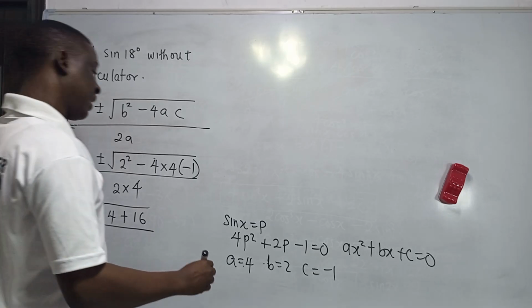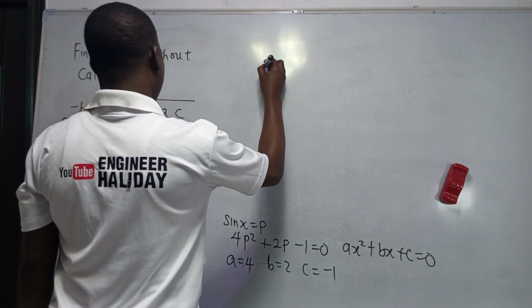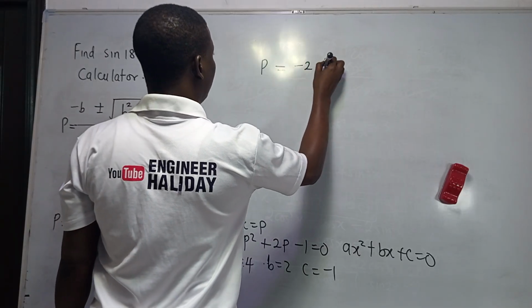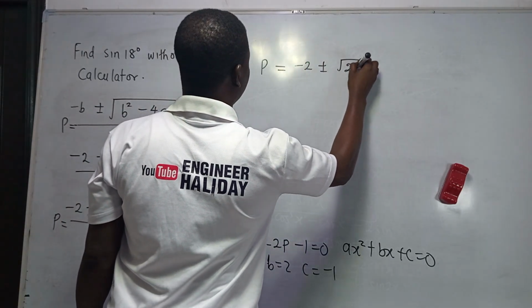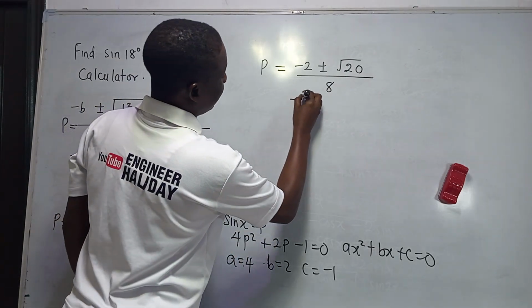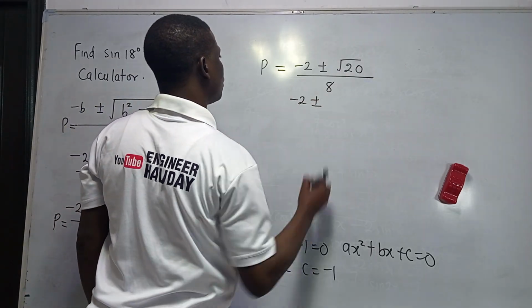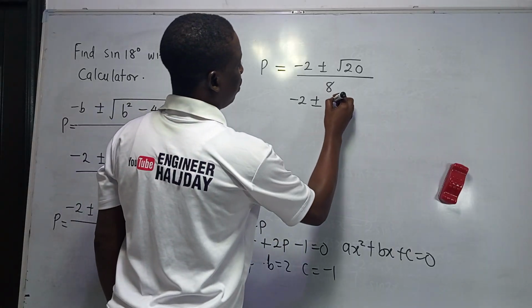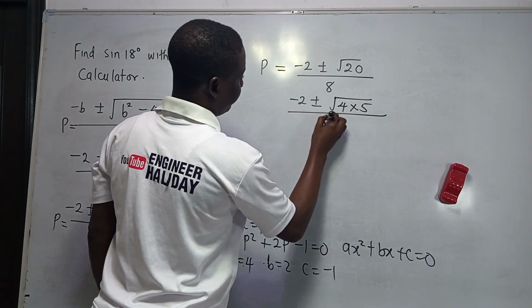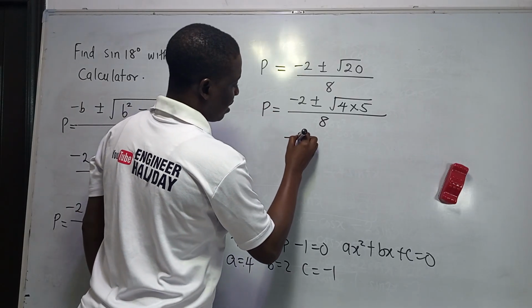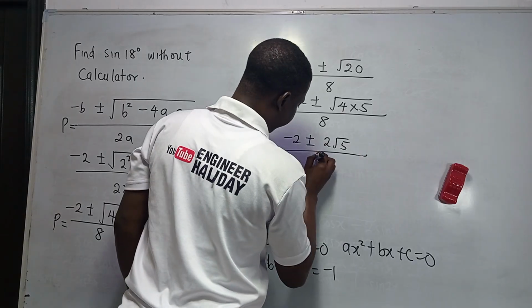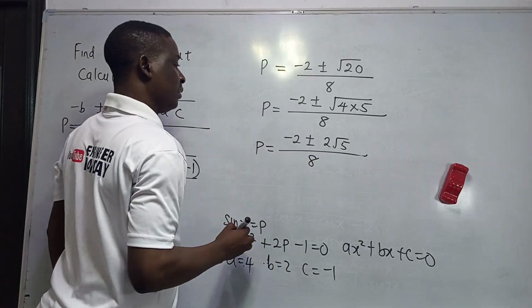So we are going to have p is equal to minus 2 plus or minus root 20 divided by 8. So that is minus 2 plus or minus, what is root 20 now? Root 20 is square root of 4 times 5, all over 8, which will now give us minus 2 plus or minus 2 root 5 divided by 8 equal to p.